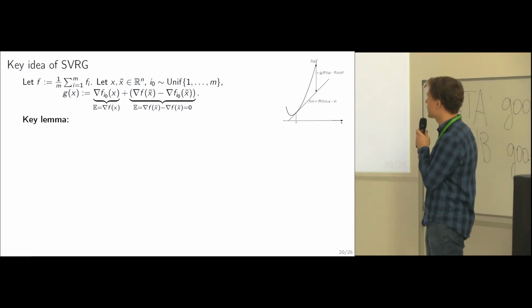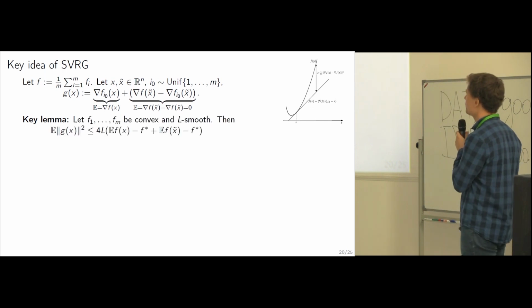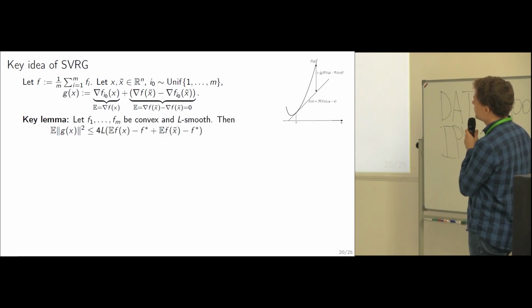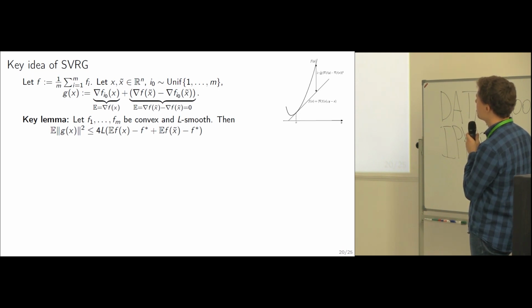However, its magnitude will go to 0, and this is shown in this key lemma. We will prove it in a minute. It is very simple. So what this lemma says is that if these functions are convex and smooth, then the magnitude of the stochastic gradient can be bounded by this thing.